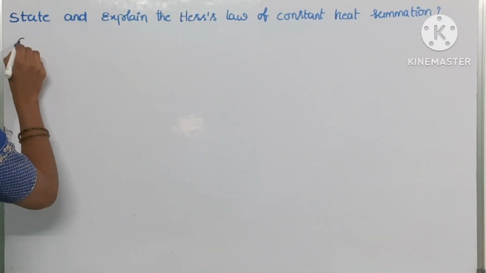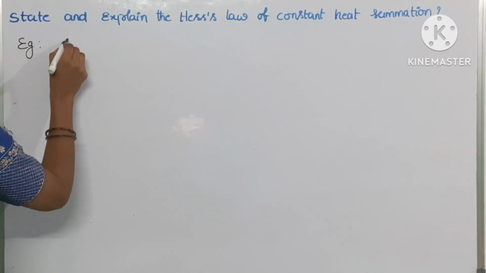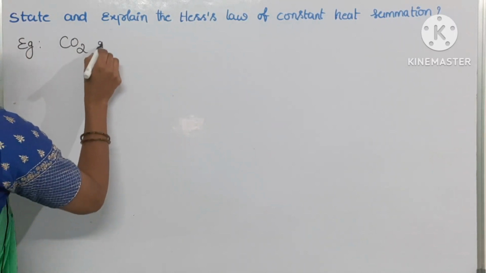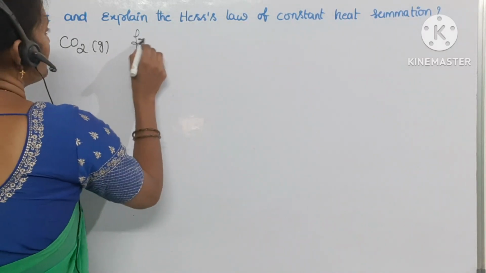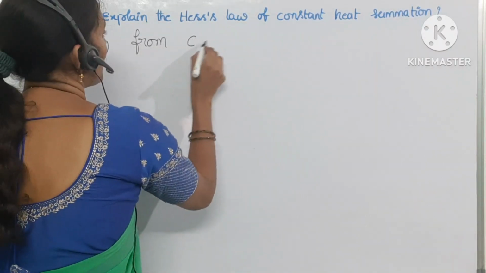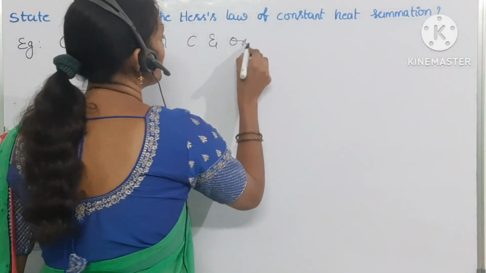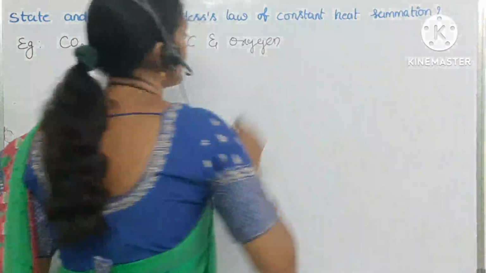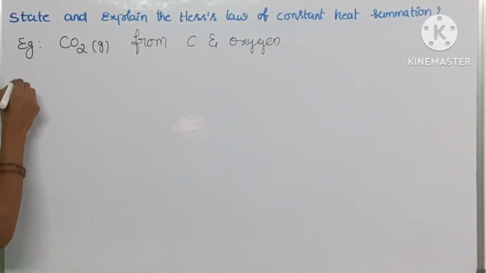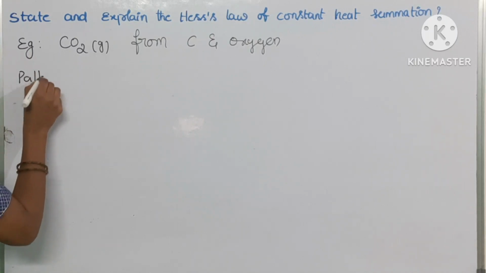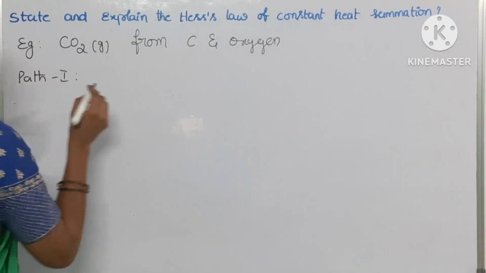Example: take the formation of CO2 gas from carbon and oxygen. Path 1 is the single step reaction.